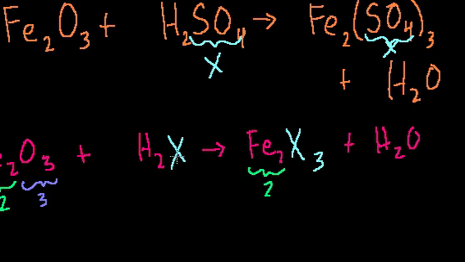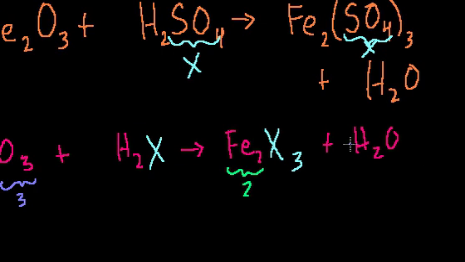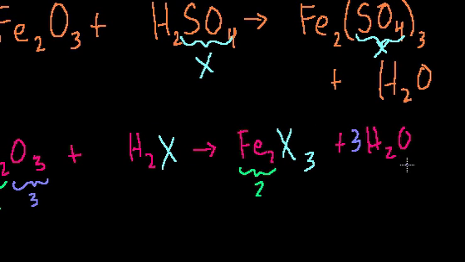And remember, there were some oxygens in this X group, but the sulfate group stayed together, so we can treat those separately. So if we want to have 3 oxygens on the right-hand side as well, let's stick a 3 here. Sometimes my pen tool malfunctions. So let me put that 3 there. So now we have 3 oxygens as well.